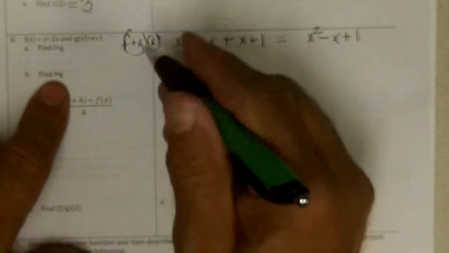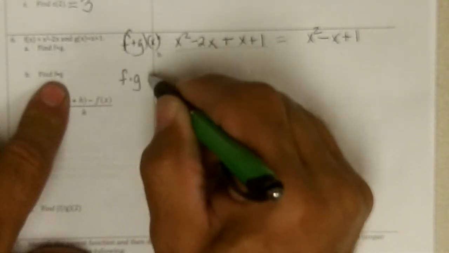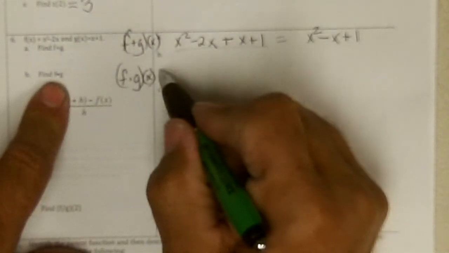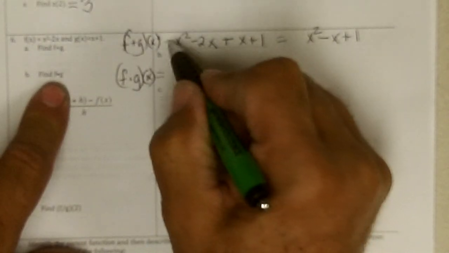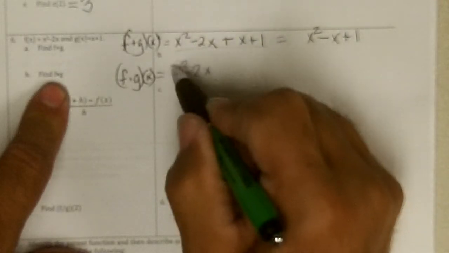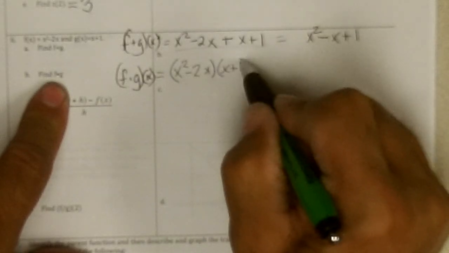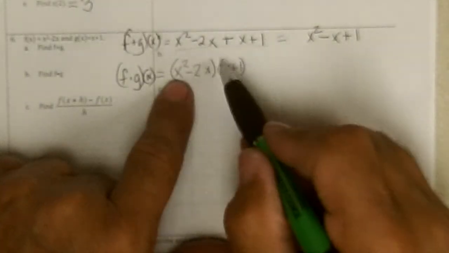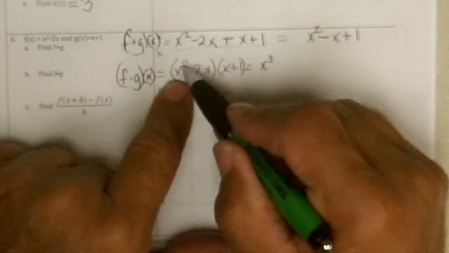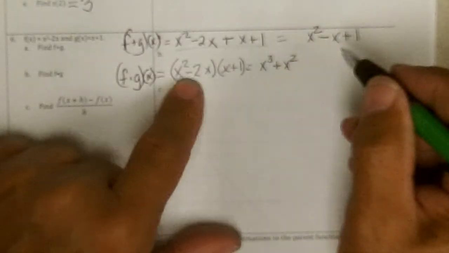F times g. So f times g, it's not an open circle, which would be f of g. And so we would multiply these. That would be x squared minus 2x times x plus 1. X squared times x is x to the third. X squared times 1 is plus x squared.